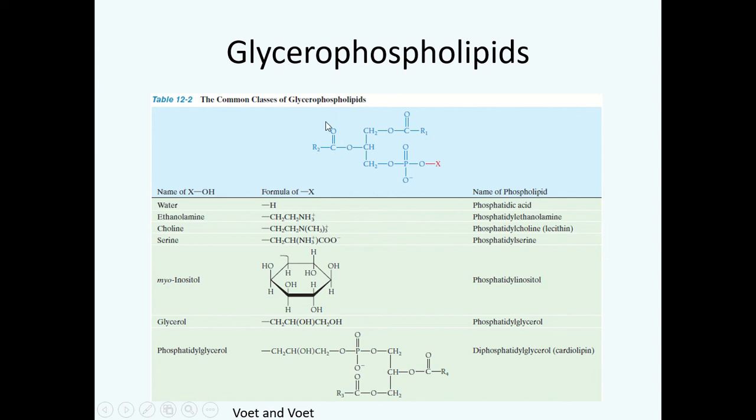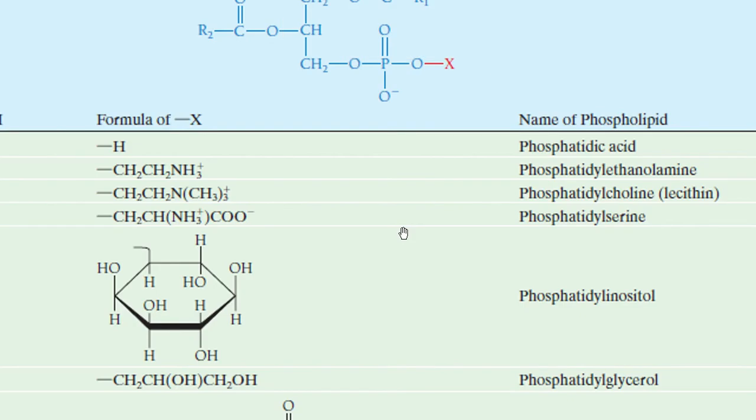So this is the generalized structure of glycerophospholipids with a polar group attached to this phosphate represented by an X. X could be a variety of different types of polar groups. If no other group is attached, that is, X is a hydrogen atom, it is called phosphatidic acid.